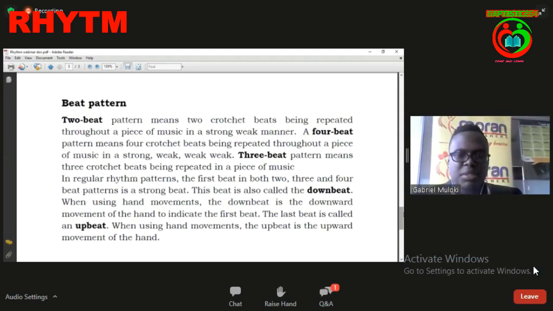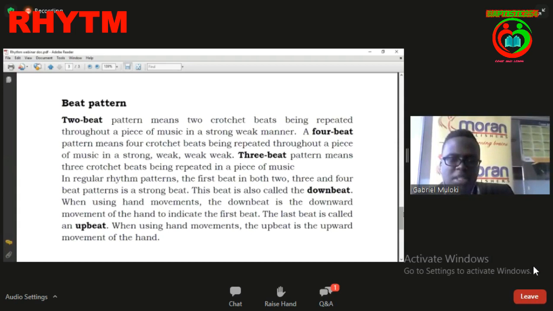The 2-beat pattern basically means that the notes are grouped in twos. When you get note values which make 2 beats, you group them together, and you ensure that as learners create rhythms, these rhythms have order and symmetry, where there's consistency in the beat patterns.